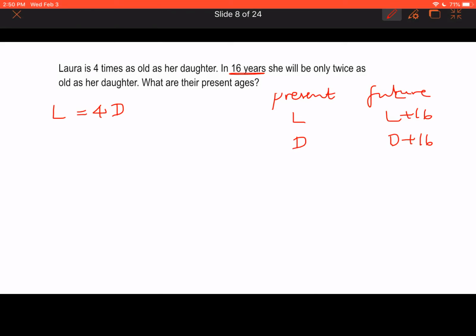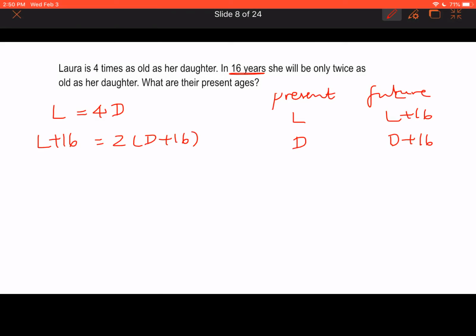The second sentence: in 16 years, Lara will be only twice as old as her daughter. We should not put 2D. We should put D plus 16, because the age of the daughter also has increased by 16. So this equation is the translation of the second line.